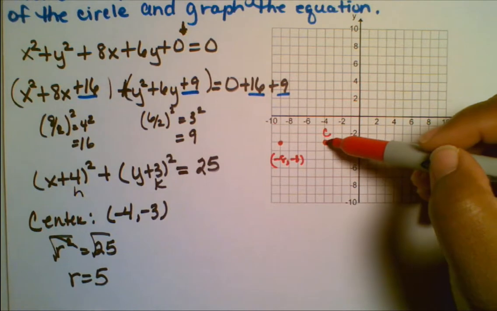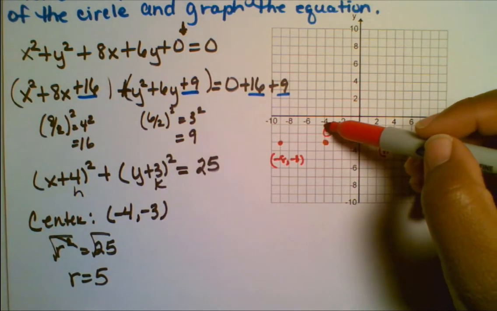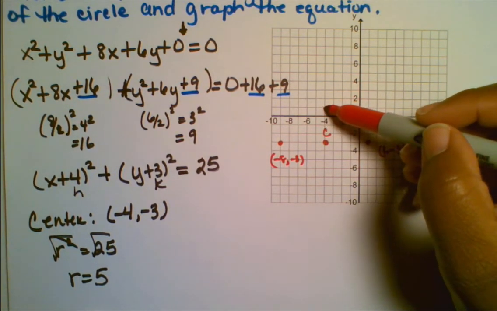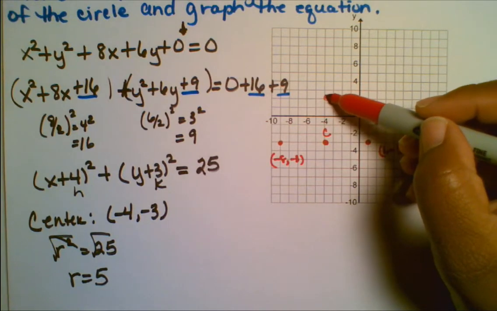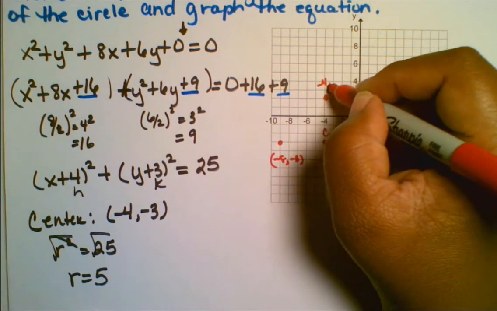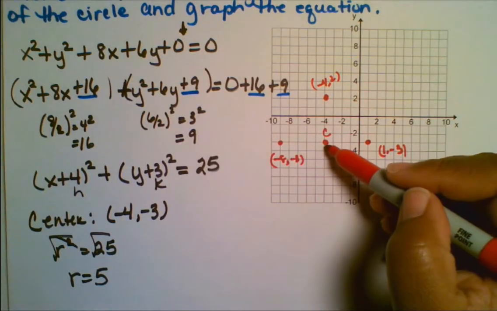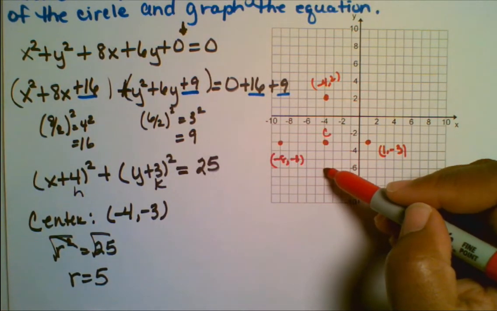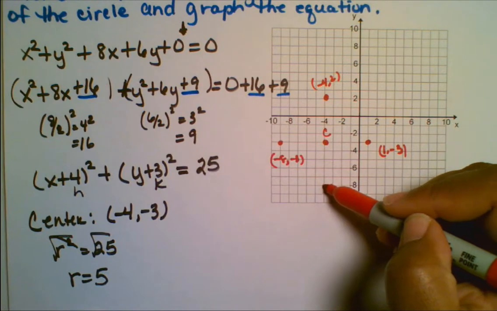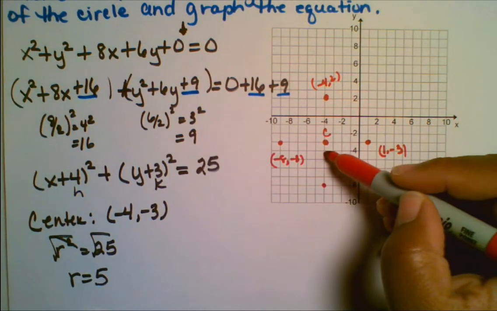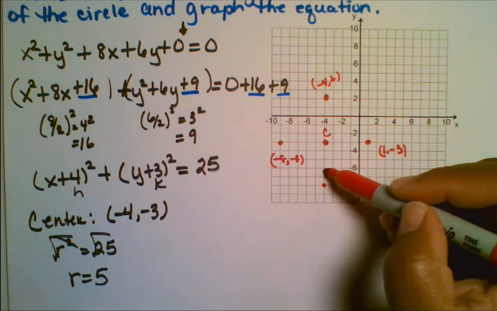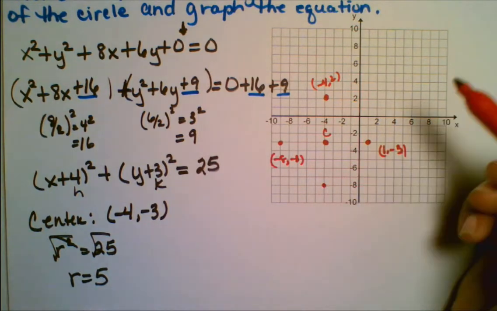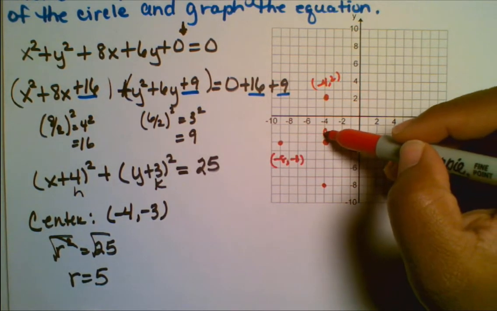Then we're going to go up 5 units: 1, 2, 3, 4, 5. And then go down 5 units: 1, 2, 3, 4, 5. I'm going to count this again. All right, so we have everything.